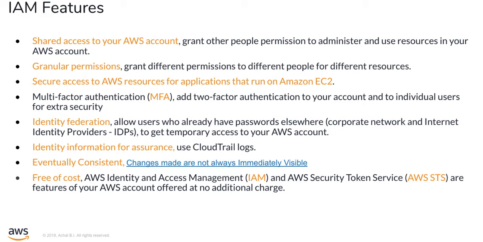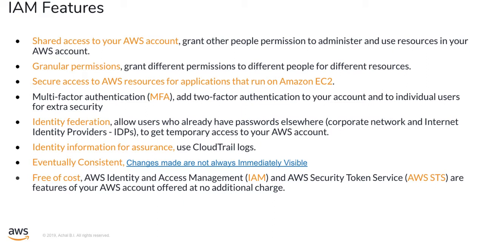It also provides identity federation. What it means is it allows users who already have passwords elsewhere, for example, on an on-premise corporate network, or through IdPs, for example, a Facebook or Google account.